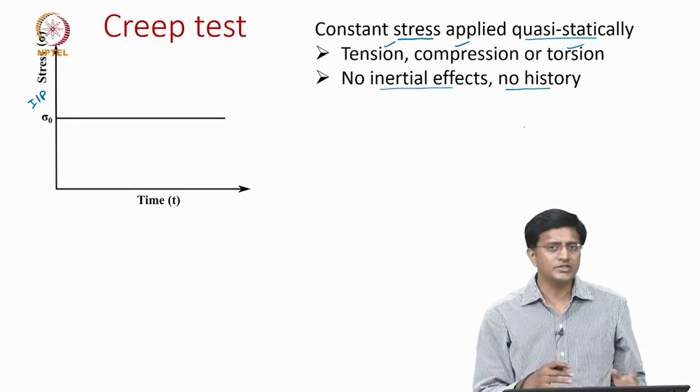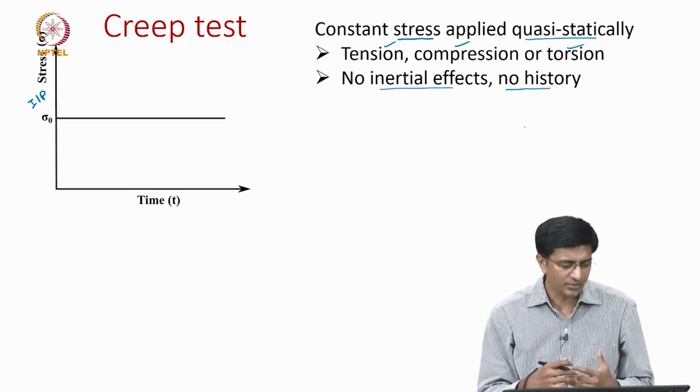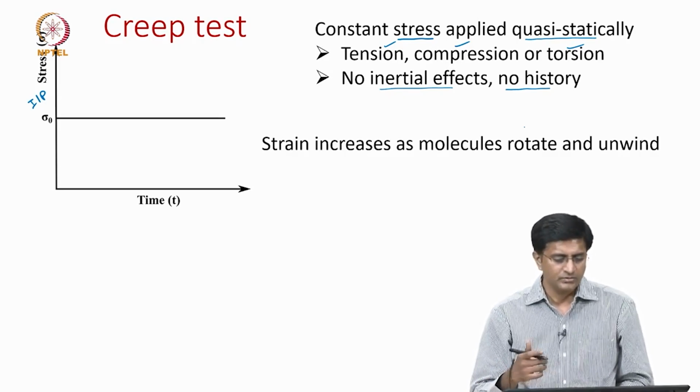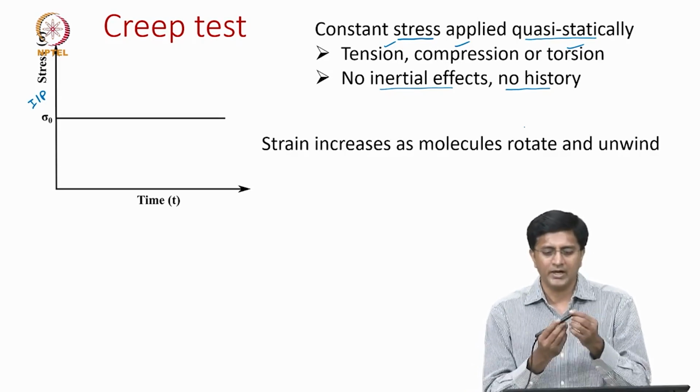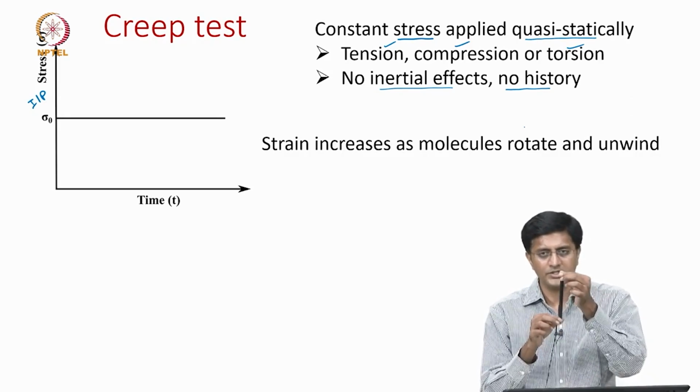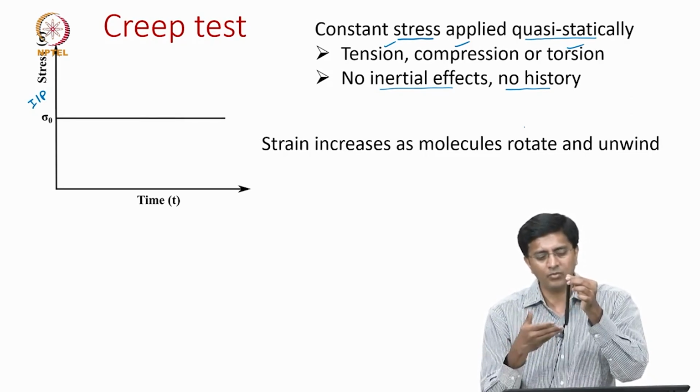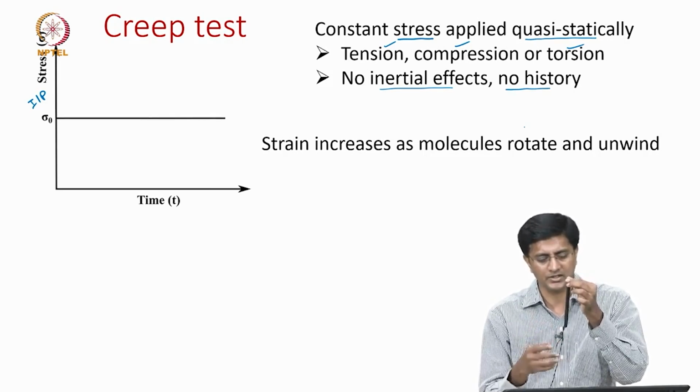But now let us see what is the response for this creep load. So, we said at time t equal to 0 there is a deformation, but as we wait long, give more and more time, the elongation increases.